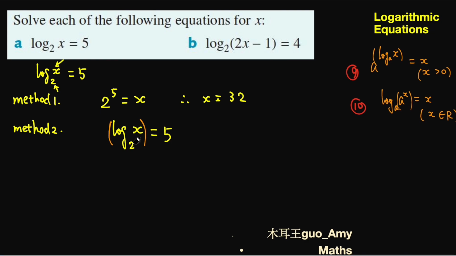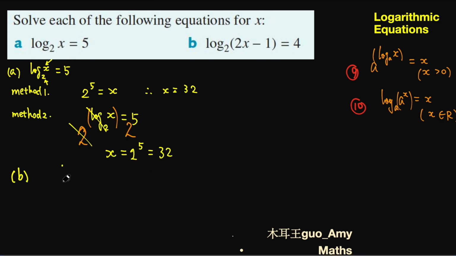We convert both sides into the exponential form with the same base 2. Then on the left part we have log and exponential with the same base, which can be simplified to x directly, and on the right part we have 2 to the power 5, which is 32.